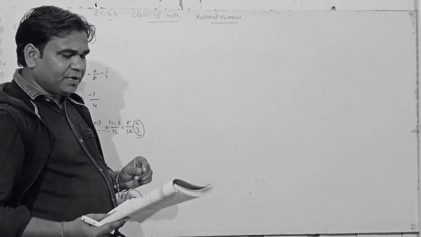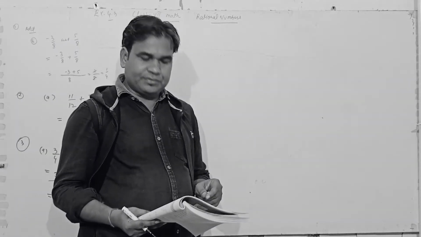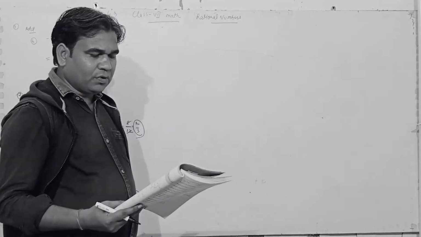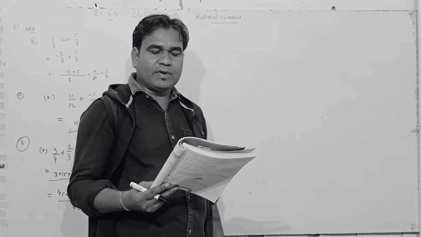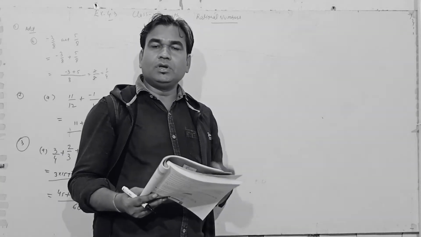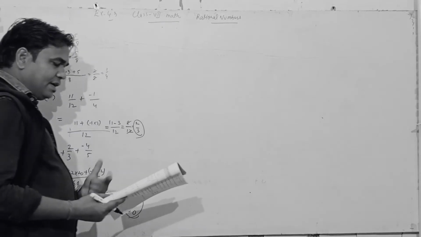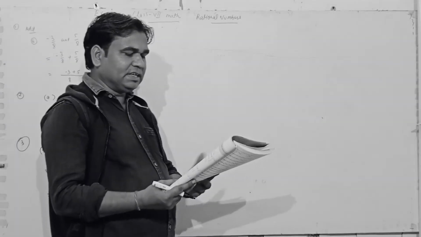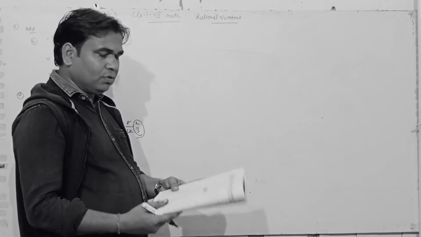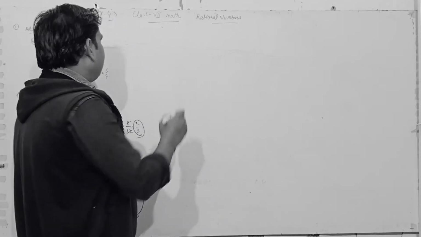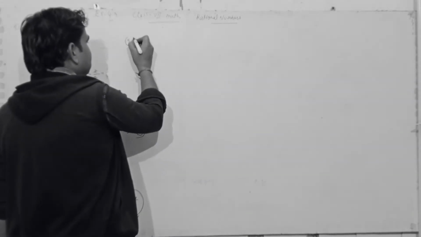In the same way you can do the rest. After that, question 4: rearrange suitably and find the sum. You can do it in the same manner. After that, fill in the blank to make the given statement true. Question number 5 we try to solve here, students.